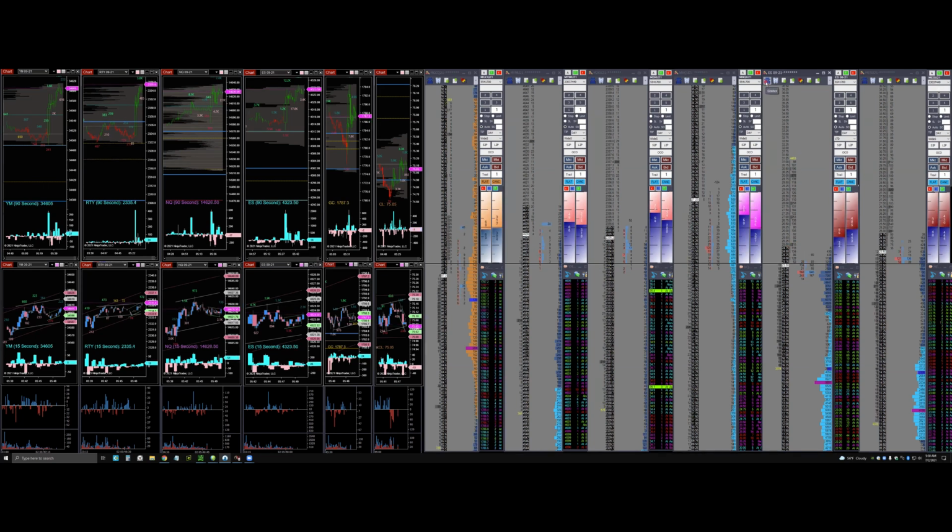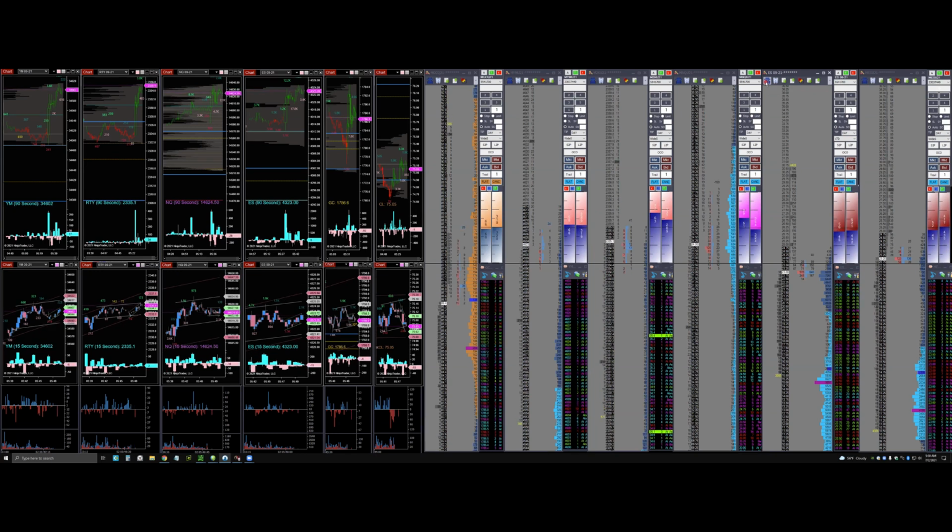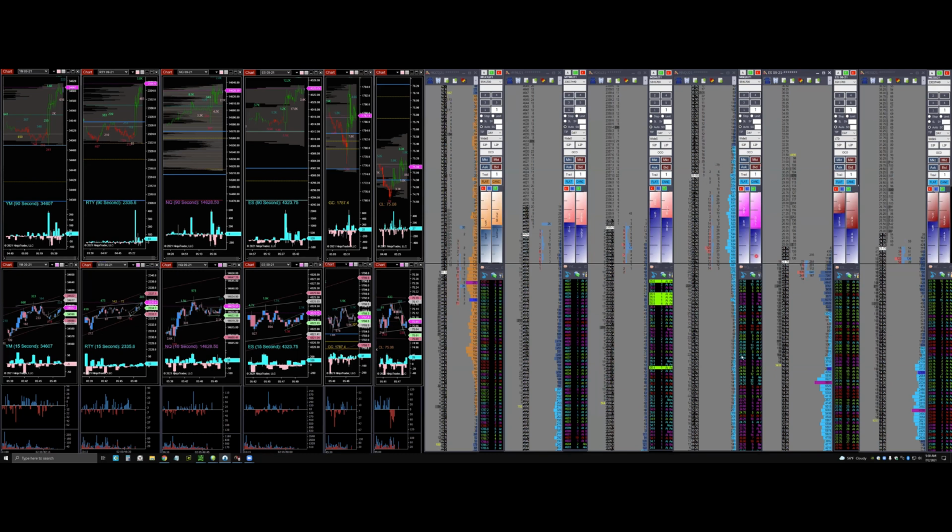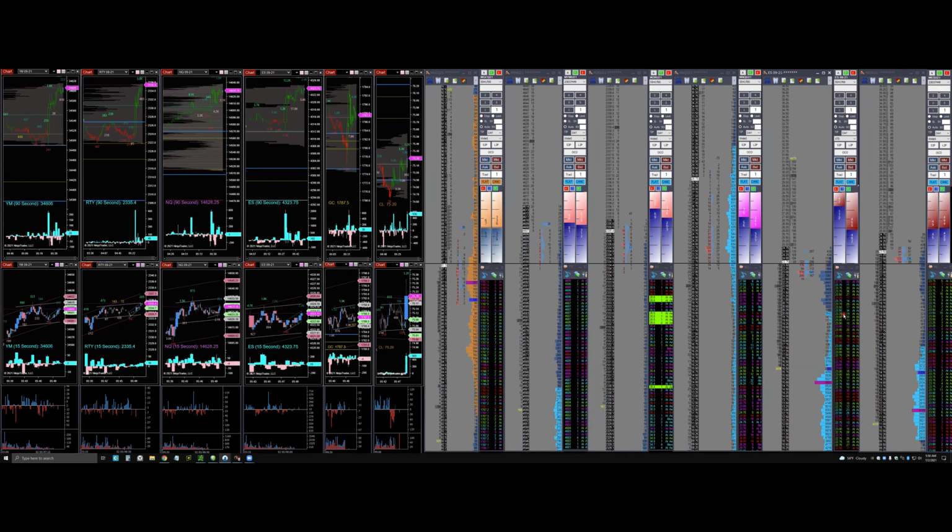So one of the other things that I did, TRG people, is I consolidated my tapes and my power meters a little bit. What I'm doing here is I'm just running one tape. I'm filtering it based on the time of day right now. For example, I'm filtering ES for 10 or more, micro ES for 2 or more, and 5 or more in NQ.